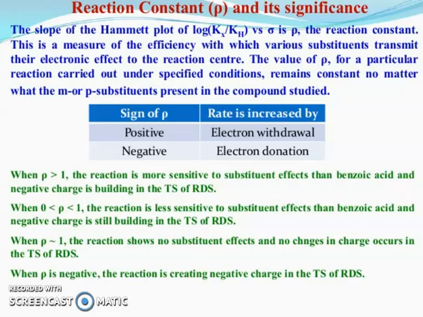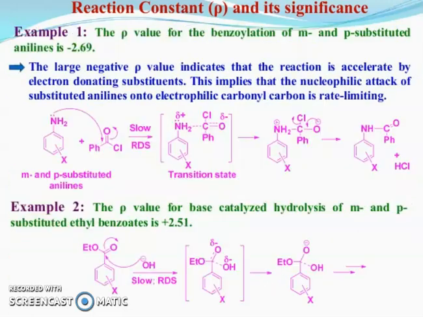And when rho is equal to 0, the reaction shows no substituent effect, and no change in charge occurs in the transition state of the RDS. When rho is negative, the reaction is creating positive charge in the transition state of the rate determining step. So my friends, I will show you examples in our next video.